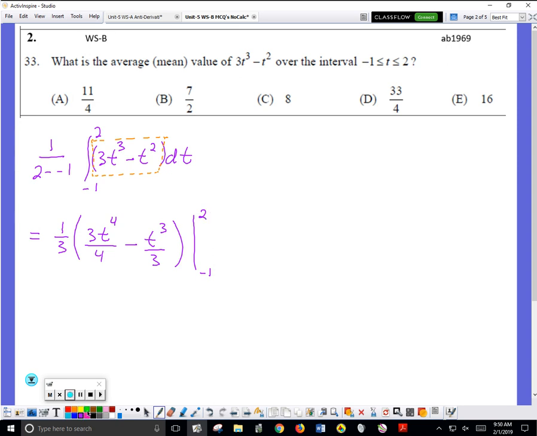So right here, this is my f. We take the derivative of the green, we get the orange. Bring down the 4, the 4's divide out, you're left with 3t cubed. Take the derivative of this one, bring down the 3, the 3's divide out, you're left with t squared. So here's f prime, this is f.